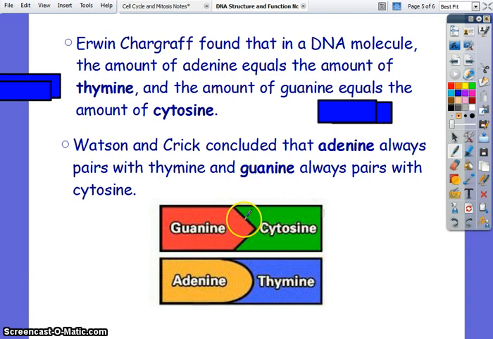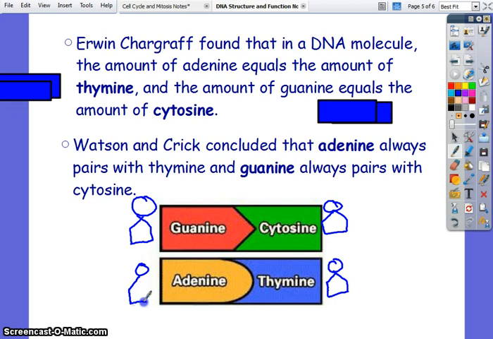So these two bases will always match together, and then you would have your phosphate and your sugar attached on this side. You would also have a phosphate and a sugar attached here, and then the same on this one. So this is what the molecular structure of DNA is going to look like.